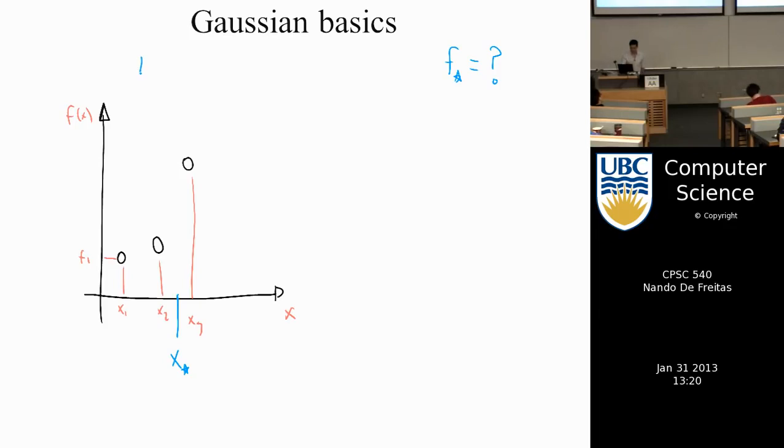I know my data D consists of my pairs x1 and f1, x2 and f2, and x3 and f3. That's my data. I've been given this. I've also been given an x star.